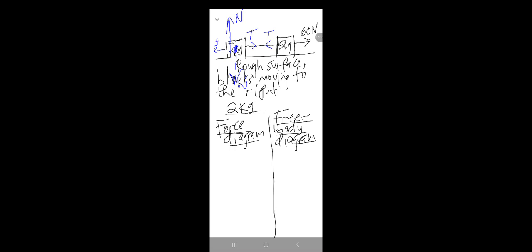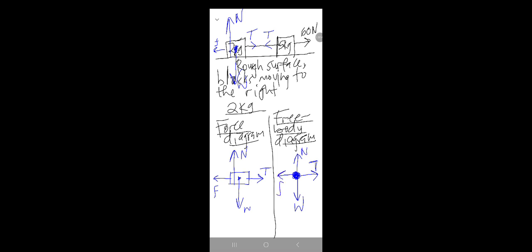So my force diagram here is going to be like this: weight, normal force, then capital T, which is tension from that cable, then frictional force. Then for the free body diagram, I'm going to have my capital letter T, as we are just copying from the original diagram, weight, and normal force.